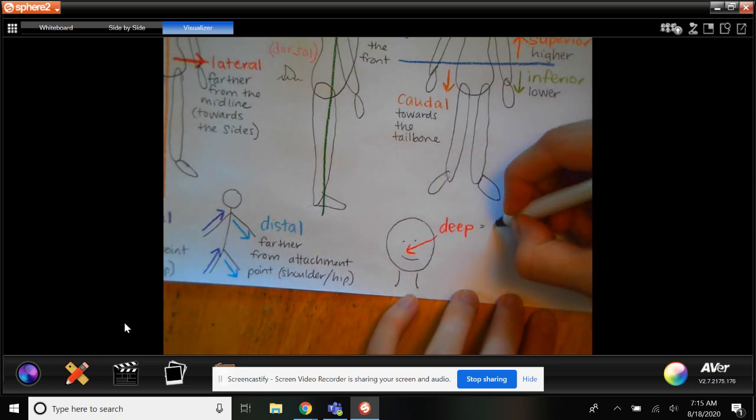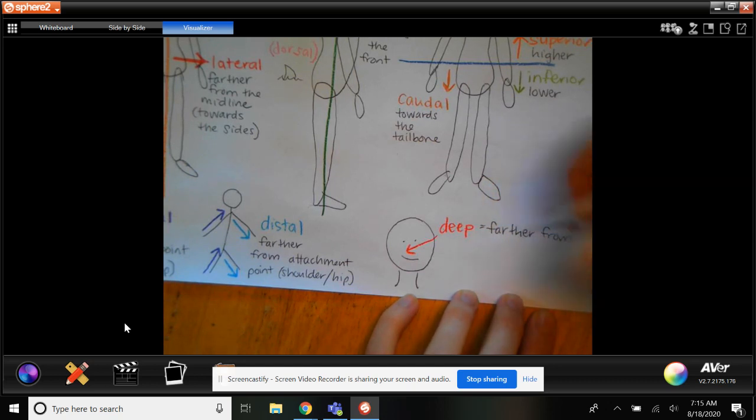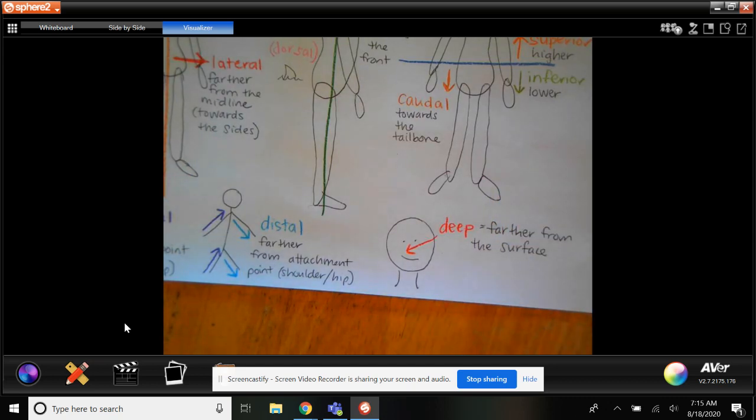If you're going deep, you're talking about something that's farther from the surface. So it's kind of hard to tell in my picture, but it means it's going inside into the center of the skull. The farther in you go, the deeper you go.